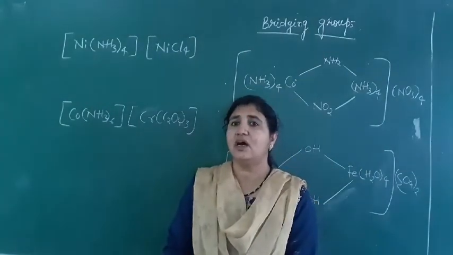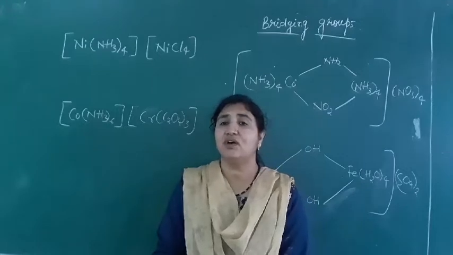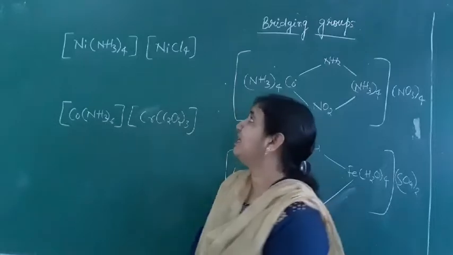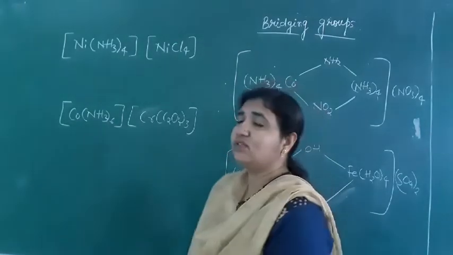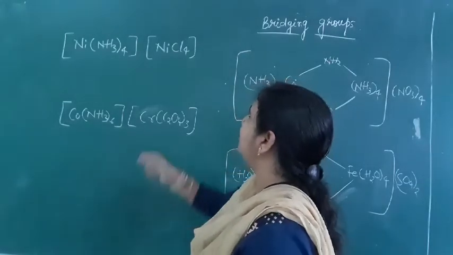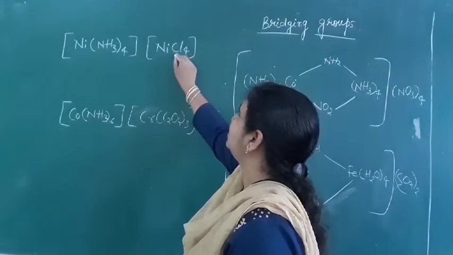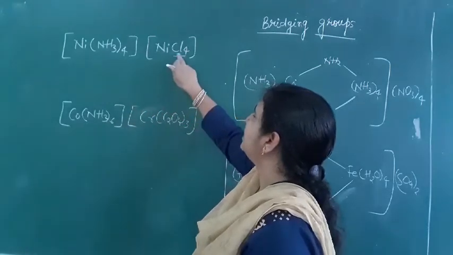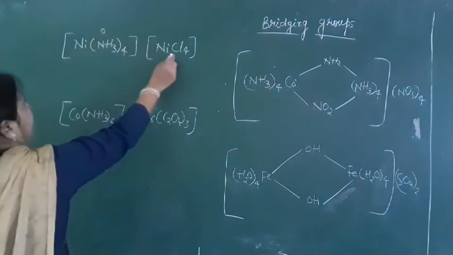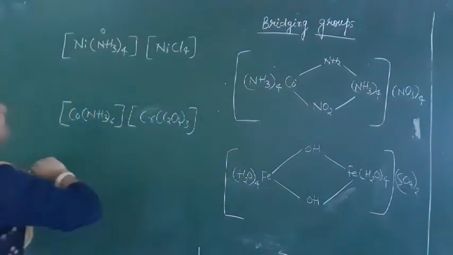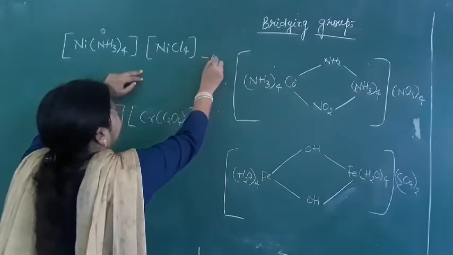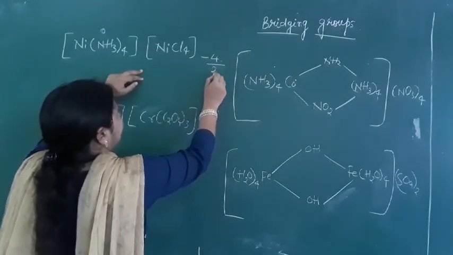In this case, finding the oxidation state of the central metal atom will be a problem. To find the oxidation number of the central metal atom, you have to look at the number of ligands and the charge on the ligands. See here, ammonia is 0 and we have 4 Cl minus here. So how much will come here? Total minus 4.